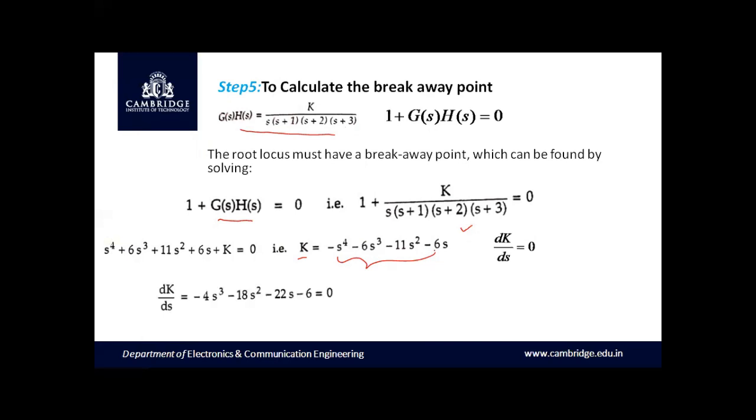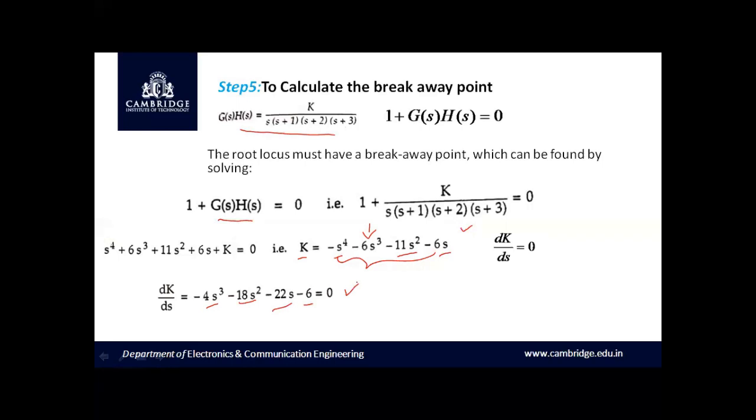The first term will be minus 4s cube, the differentiation of minus 6s cube will be minus 18s square, then the differentiation of minus 11s square is minus 22s, and the differentiation of minus 6s is minus 6. And we have to equate it to 0.